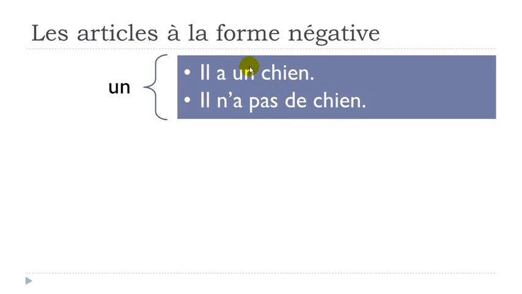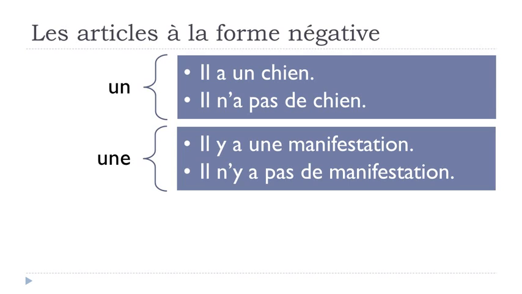So you can see that un here will become de. All right, so that's the first thing that you've got to keep in mind if you want to use these articles. So article indéfini, and you want to put the sentence at the negative form, then un will become de.